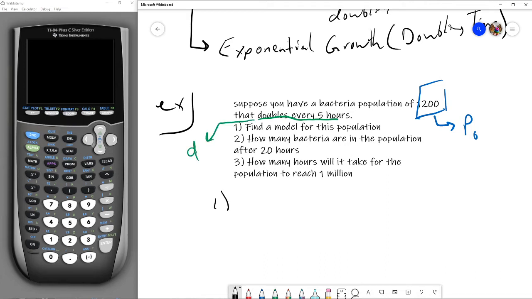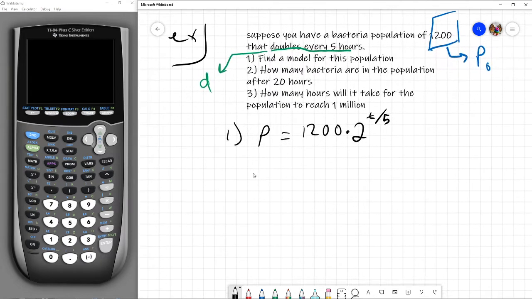Then our population is going to equal 1200 times 2 to the T over 5 power. And that is our model. It's as simple as just that. The main thing is just recognizing what variables correspond to what quantities given in the question.